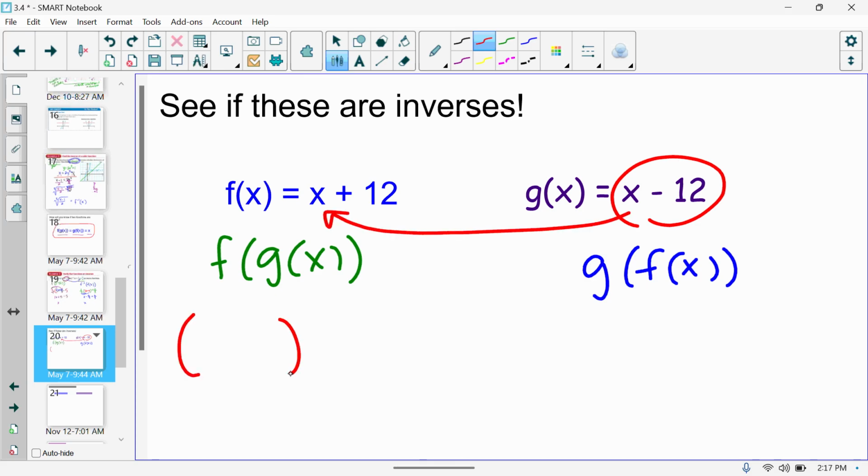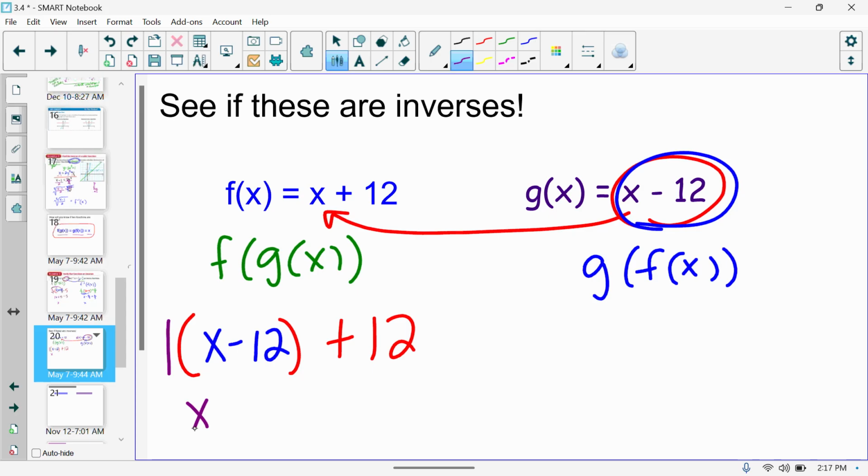So it would look like x plus 12 was f of x, but you're going to fill in this, right? In this one, guys, you don't really need parentheses because it's like a 1. 1 times x is 1x, and 1 times -12 is -12. But then -12 plus 12, that's going to cancel out, right? You're just going to be left with x.